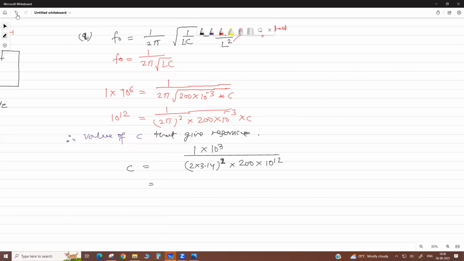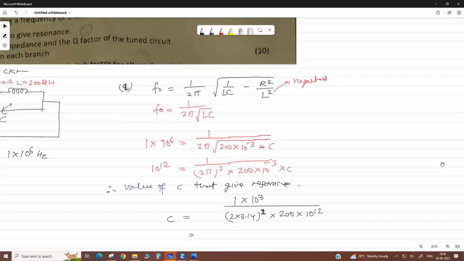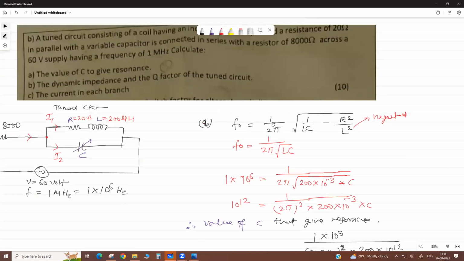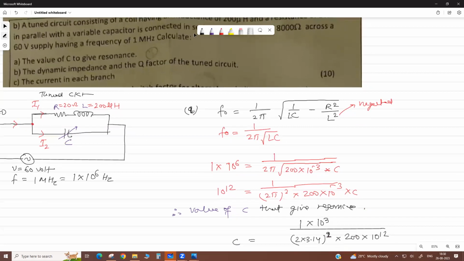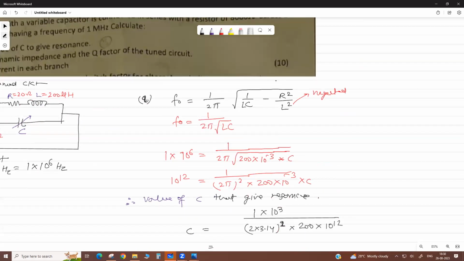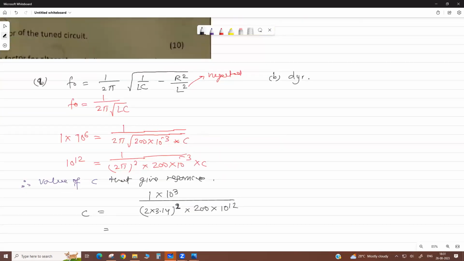Next it is asked, now you come to part B, the dynamic impedance. Dynamic impedance is actually the effective resistance, the total resistance, the impedance of the circuit under resonance.